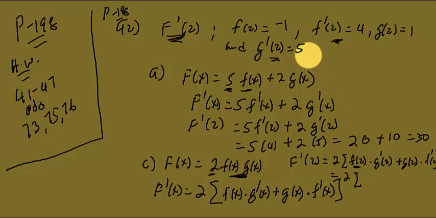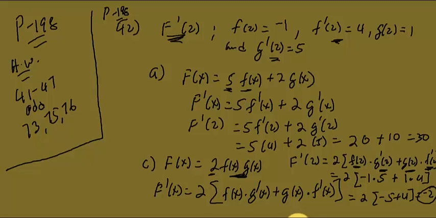F of 2 is -1, g prime of 2 is 5, plus g of 2, which is 1, times f prime of 2, which is 4. If I clean this up, I have a 2 times -5 plus 4, which is going to give me -1 in the brackets, which is going to give me -2 as my final answer. So that's how number 42 is done.